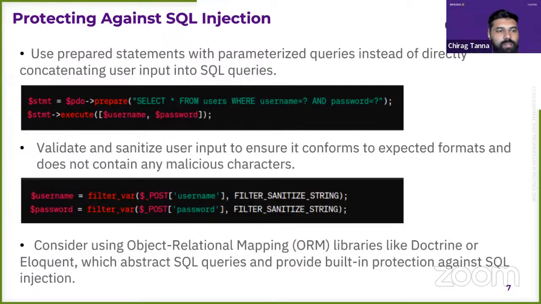Second, you need to validate and sanitize your user input to ensure it conforms to expected formats and does not contain any malicious characters. So we can use PHP's filter_var. It will filter the variable according to the second argument.